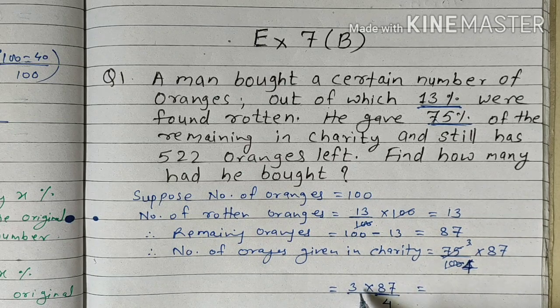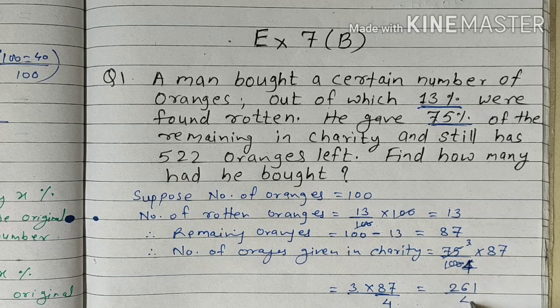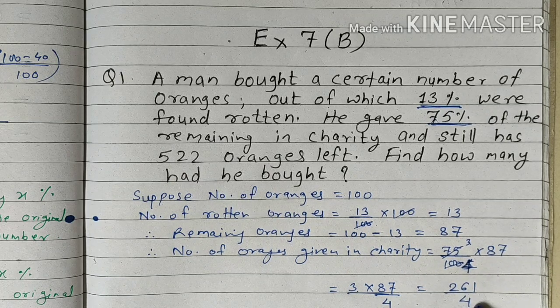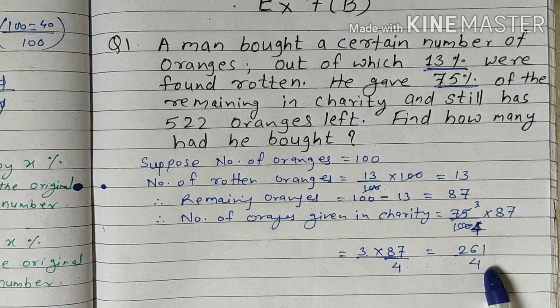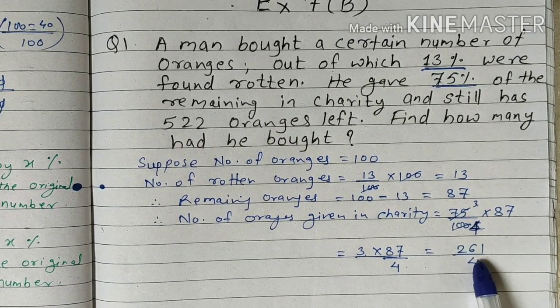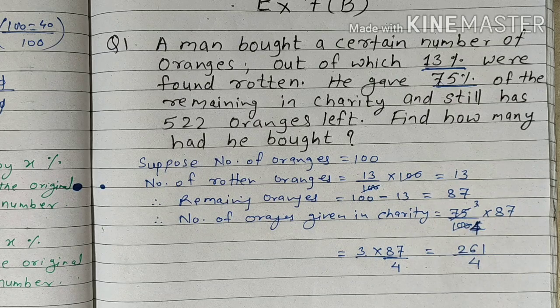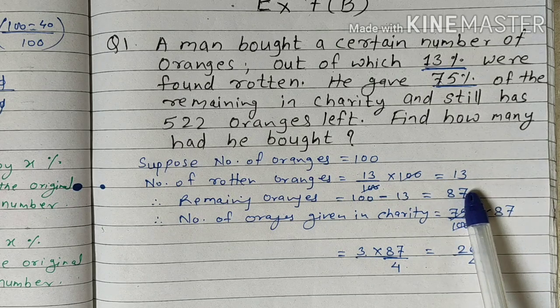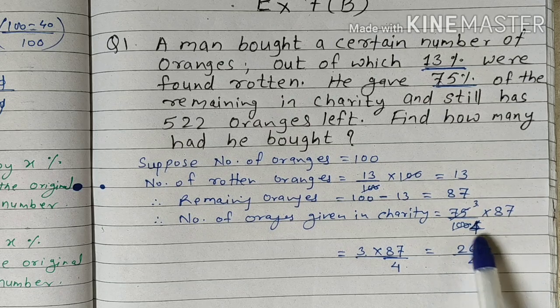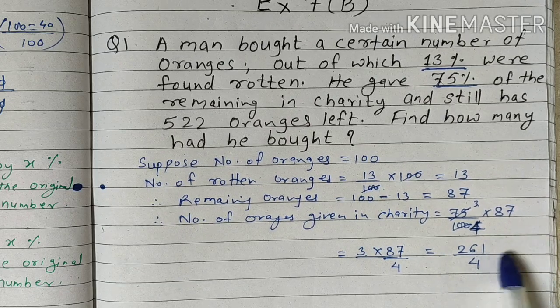So 3 into 87 is how much? It is 261 upon 4. Means this much of the oranges are given to the charity. Out of 87 oranges, this number of oranges are given in the charity.